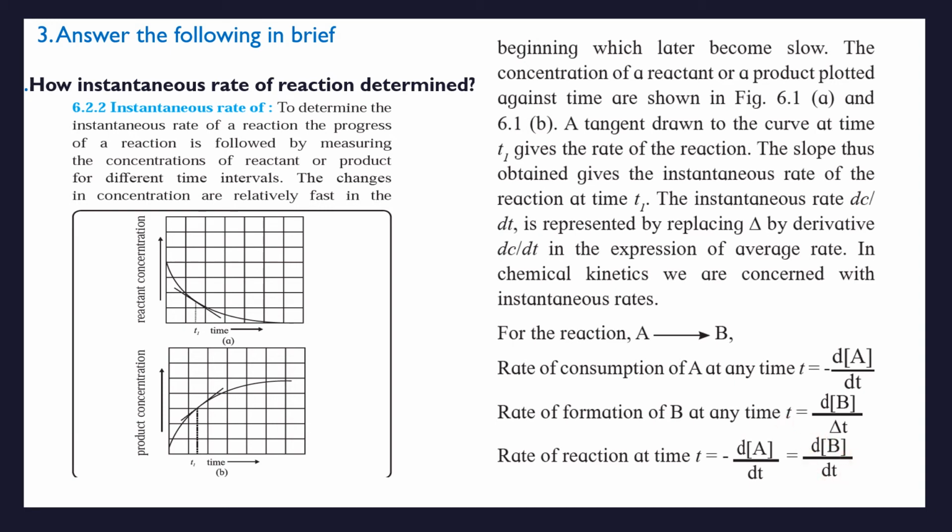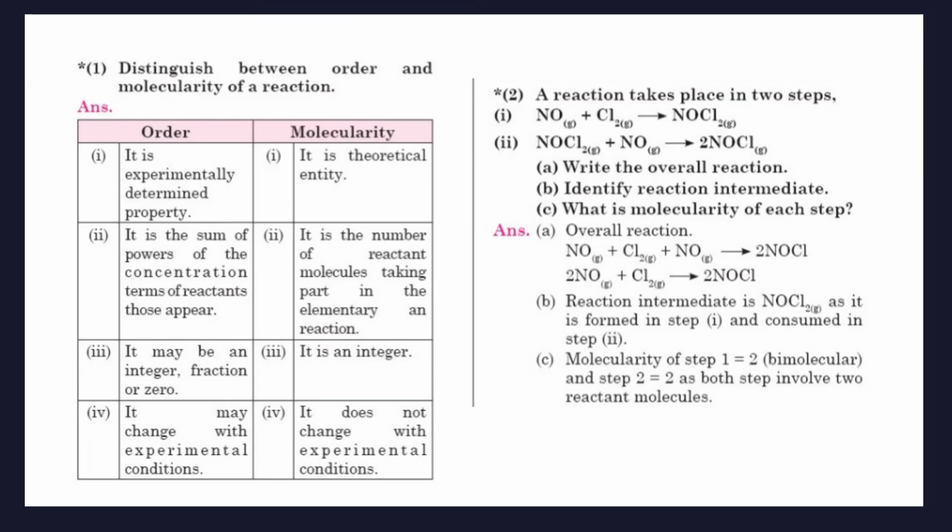Second question, distinguish between order and molecularity of a reaction. Answer. Number 1, order is an experimentally determined property, while molecularity is a theoretical property.